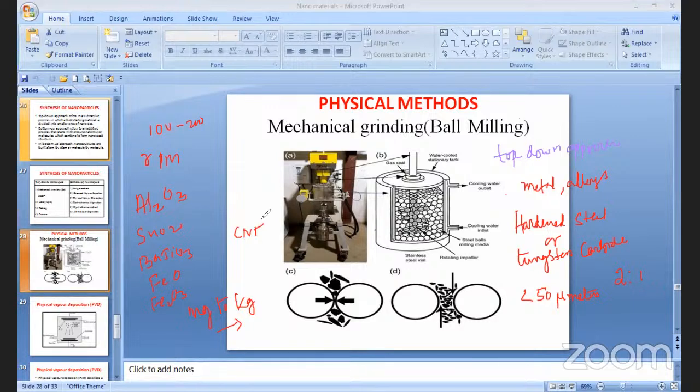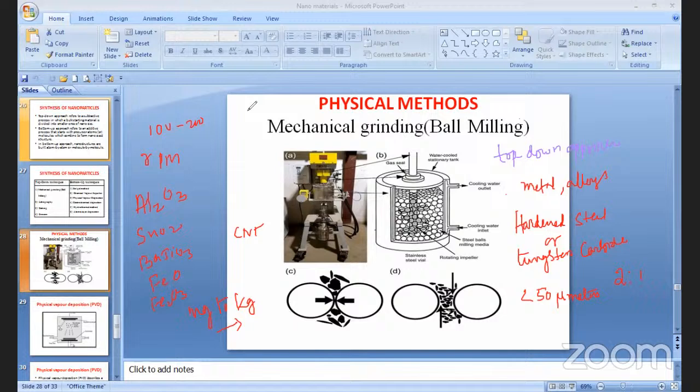Although this ball milling method is a very simple method for synthesizing nanoparticles, there are some impurities that arise from the rotating balls and from the inert gas.